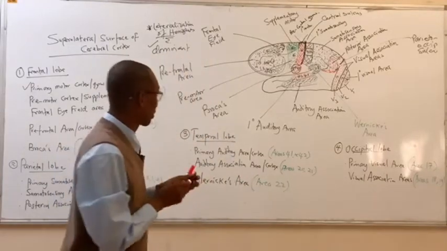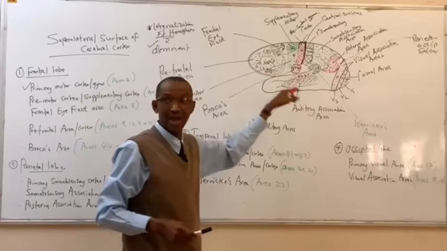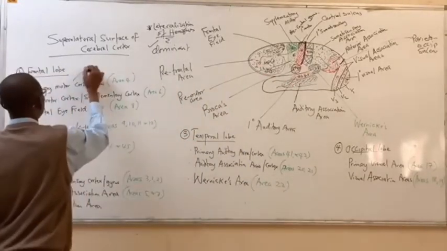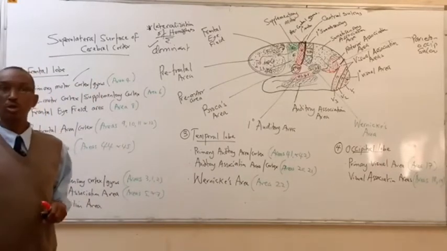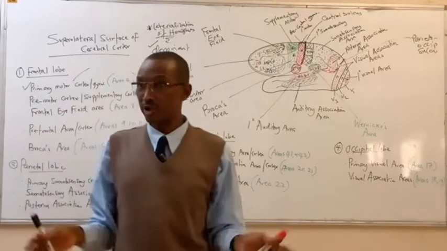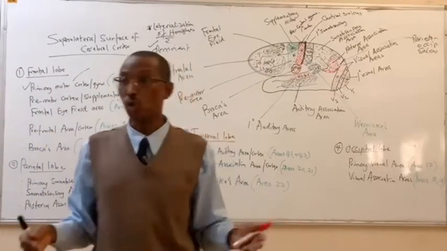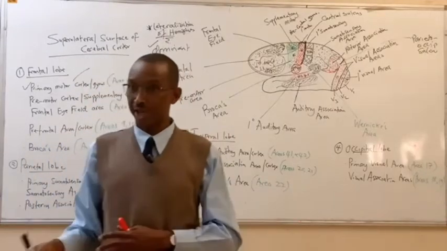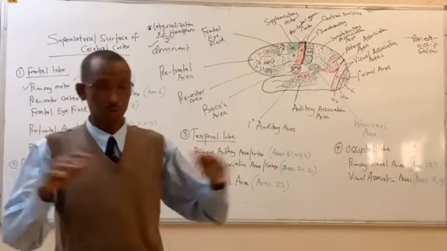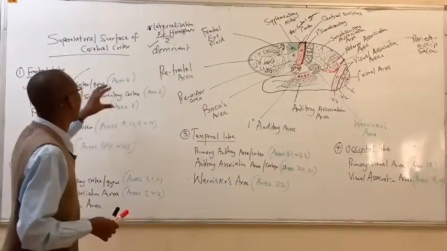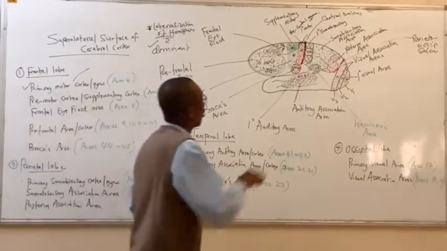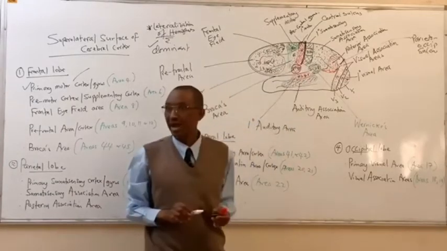The major function of this primary motor area has to do with our execution of all the movements that we do. If you can remember in my last video, I discussed the different kinds of movements that we do: flexion, extension, abduction, adduction, lateral and medial rotation, circumduction, and all sorts of movements. So the initiation or execution of these movements that I've just mentioned is the responsibility of our primary motor area. Are you all clear?